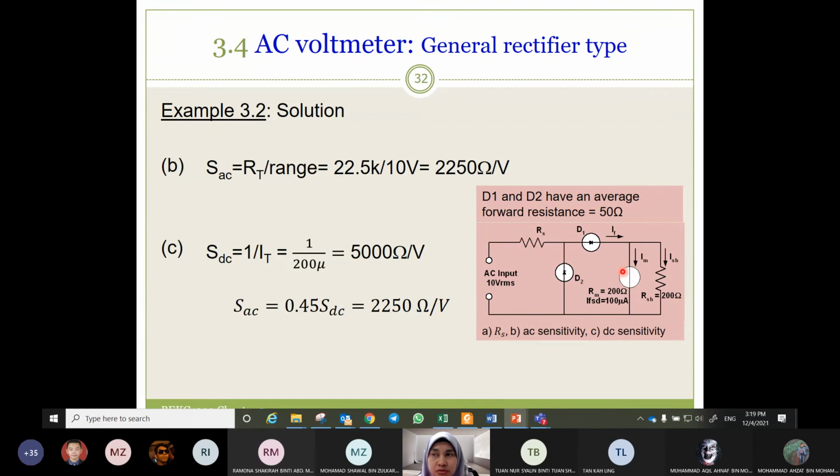So we apply it for real application, meaning that we use the AC meter that we have designed today to measure voltage. So in tutorial 3 we have a circuit, and then we use the AC meter that we learned today to measure voltage in the circuit, meaning that we combine the circuit with the AC meter.